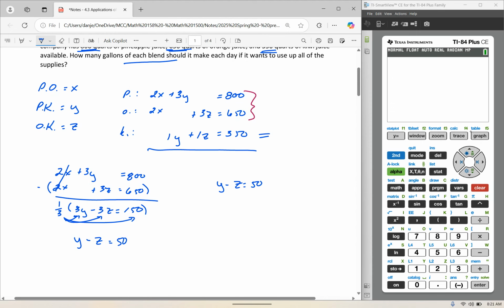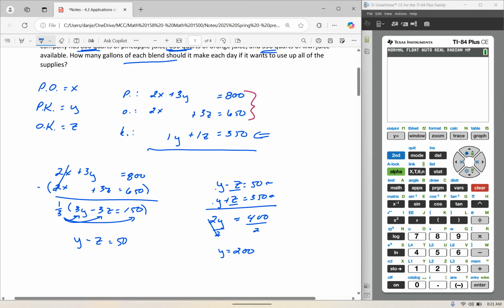Notice that my third equation was y plus z equals 350. To combine those two equations, y plus y is 2y, a negative z and a positive z cancel out, and 50 plus 350 is 400. When I divide both sides by 2, y equals 200.